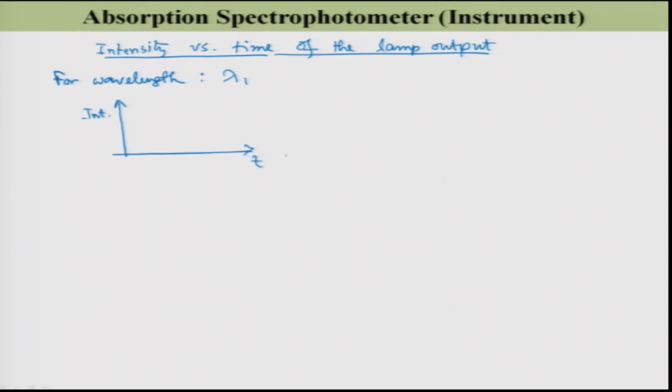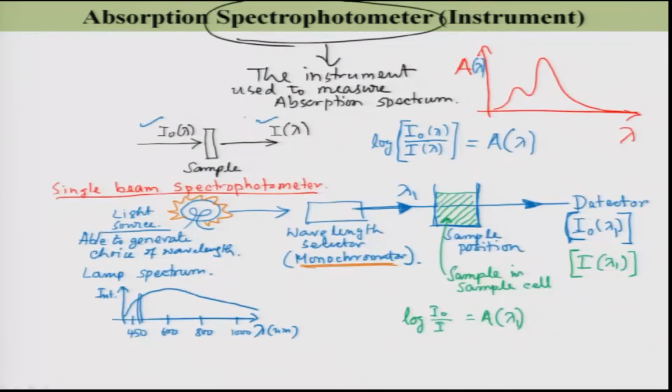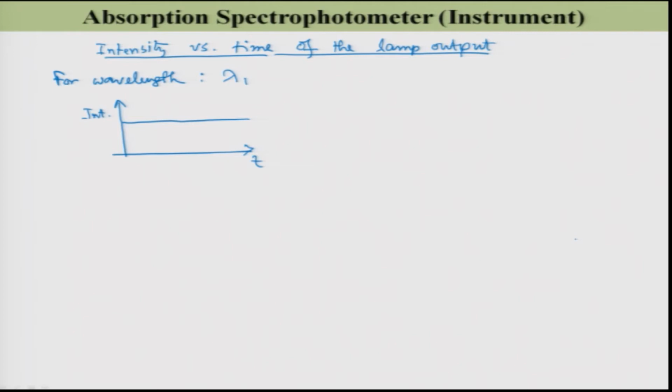This time is my real time. So, if the intensity remains constant, then there is no problem with my previous setup. However, this is not like that. The real intensity profile along this time axis is something like this.